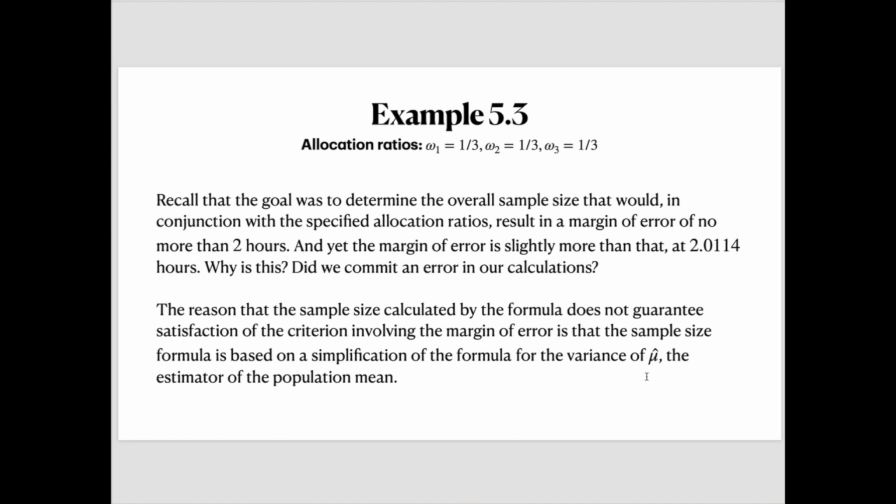So in deriving that sample size formula, what we had to do was to use a simplified version of, or approximation to, that variance formula. And so that is the reason that the margin of error is not exactly equal to 2 hours.